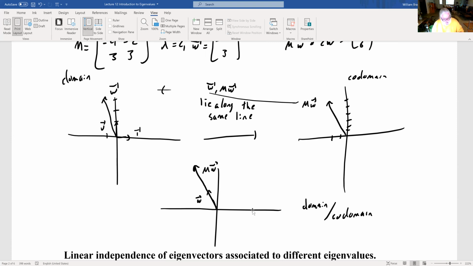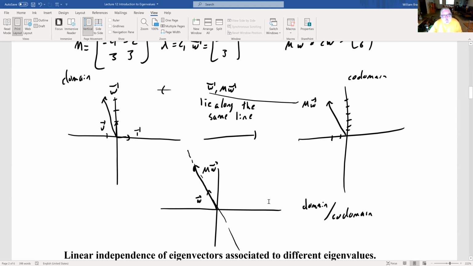So an eigenvector is a vector that doesn't have its direction changed by the matrix multiplication. Or you can think of it as this line that W lies along gets mapped to itself by the function M.